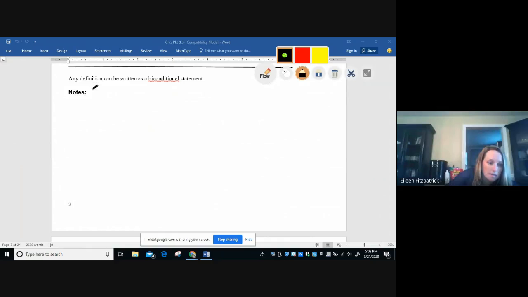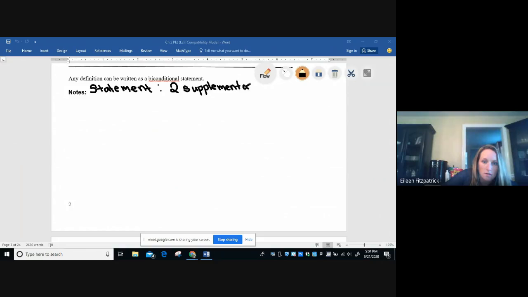Okay, so the given statement is going to say two supplementary angles have a sum of 180 degrees.